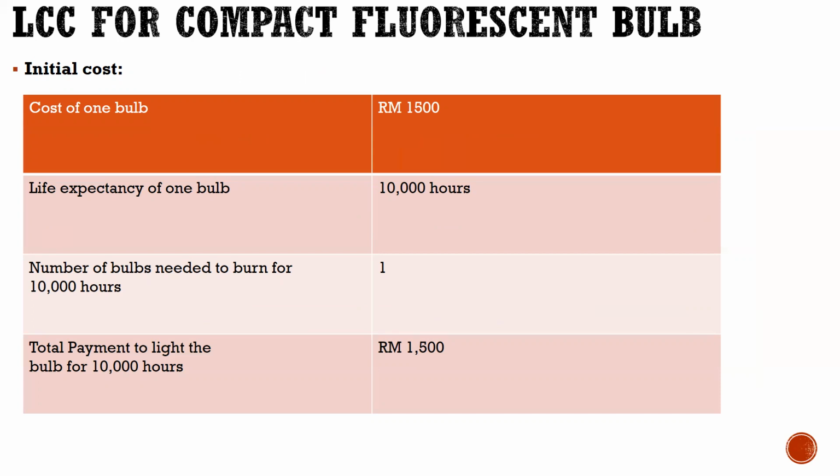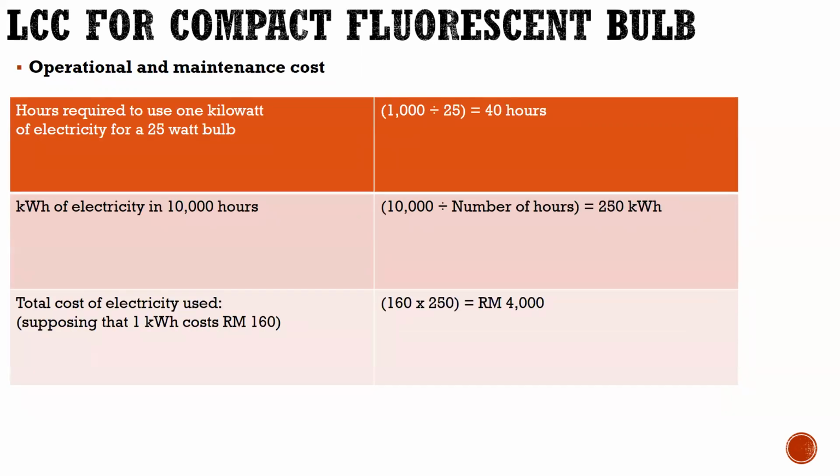So there is no need of buying many because it is one and it costs you 1,500. So the total payment to light the bulb for 10,000 hours will be what? 1,500. You just buy one, and that one is 1,500. So the initial cost of such a compact fluorescent bulb is 1,500. There is no need of multiplying.